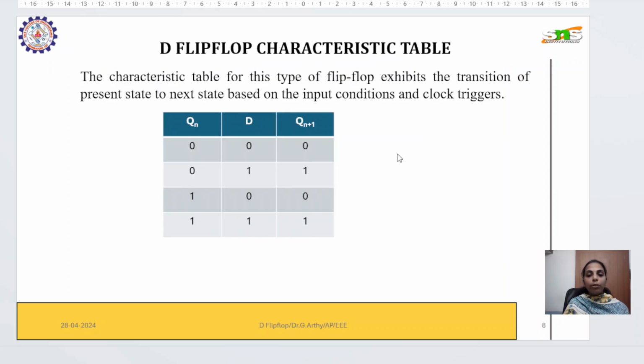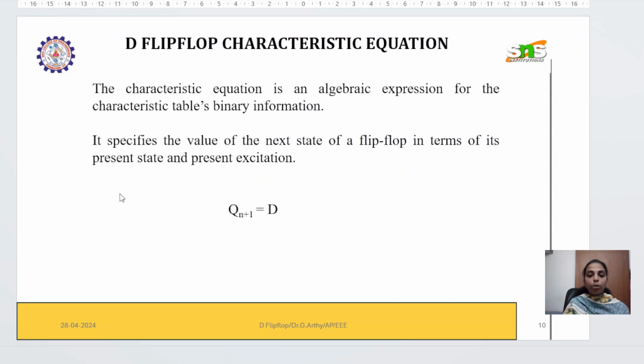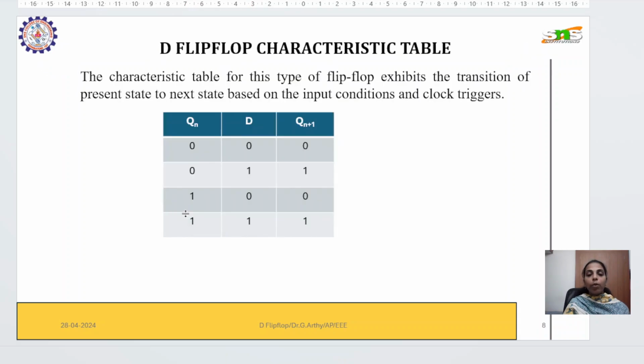Now if you see this characteristic table, it has two inputs and so four different combinations. So we will have a 4-cell K-map. From the 4-cell K-map, we can derive that the next state is equal to D. We can define it from this characteristic table too.